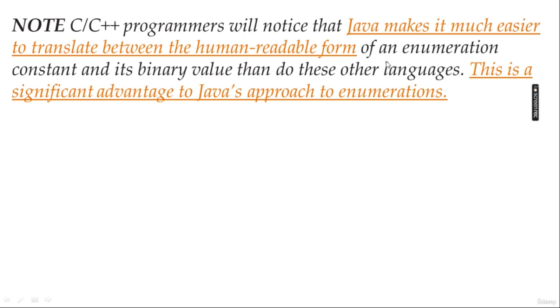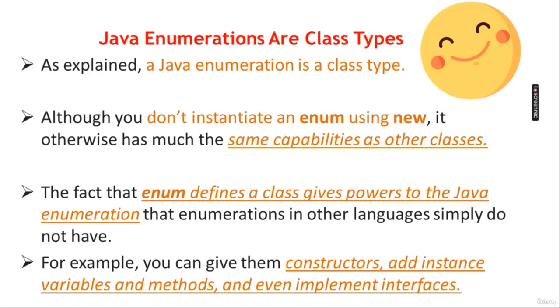Okay, in C also we had enumeration, which had all the constants created, but only primitive types: integer, float, character, boolean, and so on. There was no class type included, and also some extra methods were added by Java to make it as simple as possible. This is a significant advantage to Java's approach to enumeration.